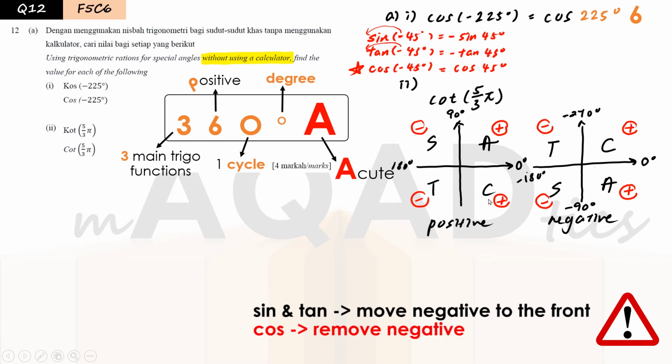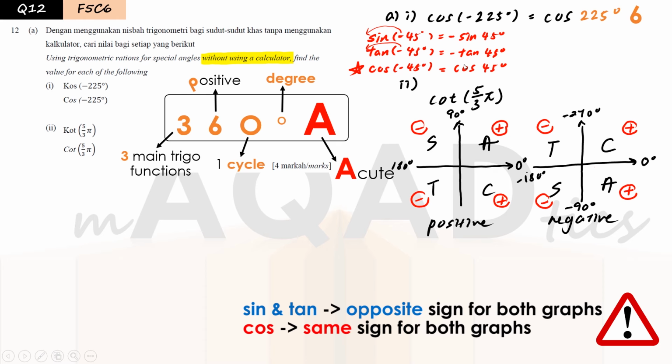Negative, here negative, positive, and positive. So if we use either one of the graphs, the sign does not change. This means cos of negative angles and cos of positive angles will have the same sign. Either both of them are positive or both of them are negative.